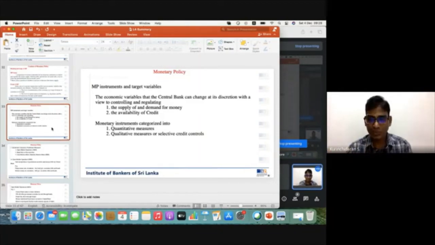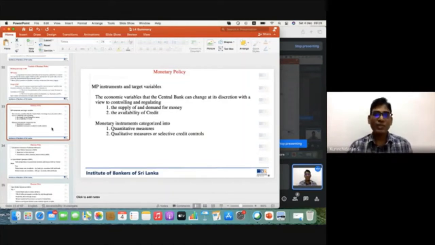So these are the two areas the central bank will play around. One is supply of and demand for money. Second, availability of credit. We have seen how supply of and demand for money and availability of credit work towards the price level.